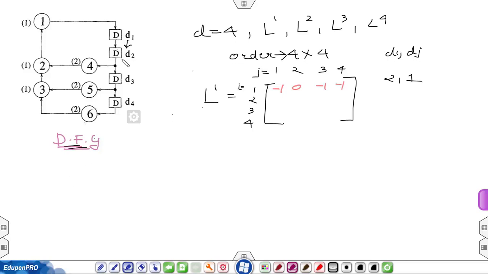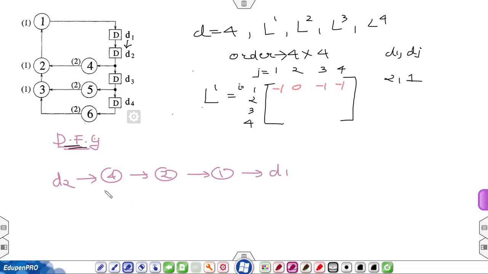I have to start my journey from D2 and reach D1. From the DFG you can see that this is the possible path: starting from D2, visiting node 4, then node 2, then node 1, and then D1, and no other delay elements, that is D2, D3, D4, were in between.